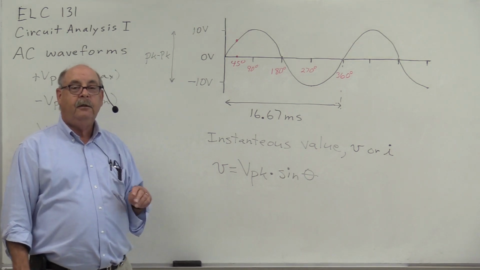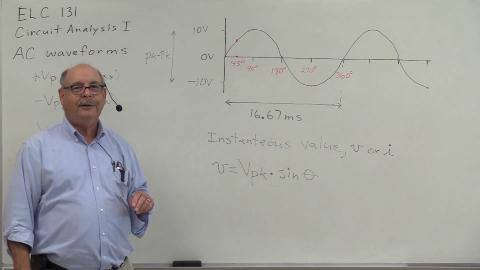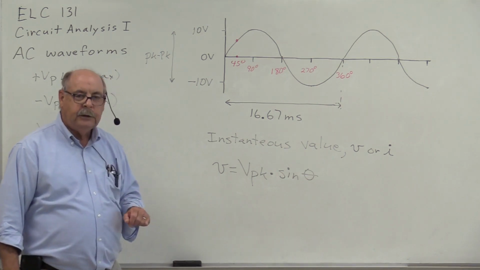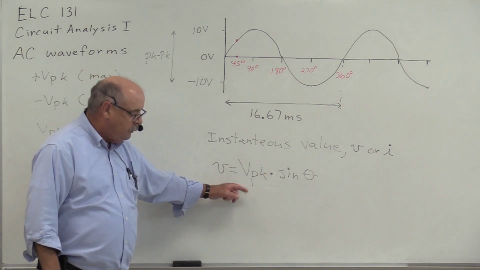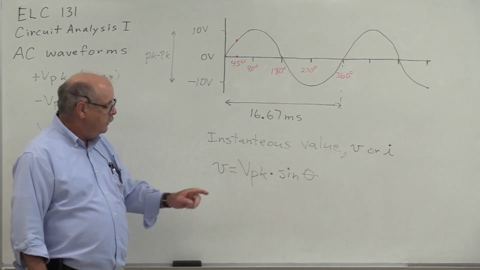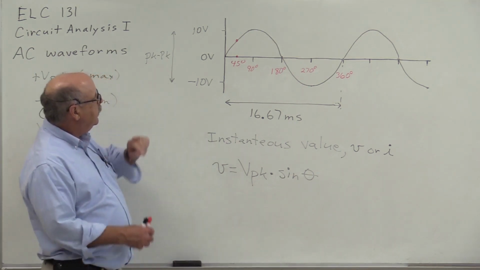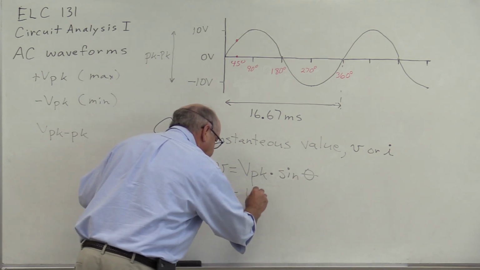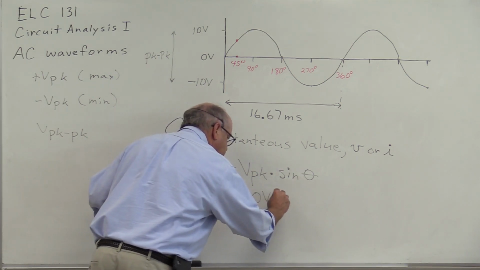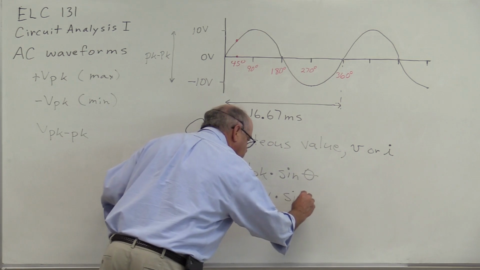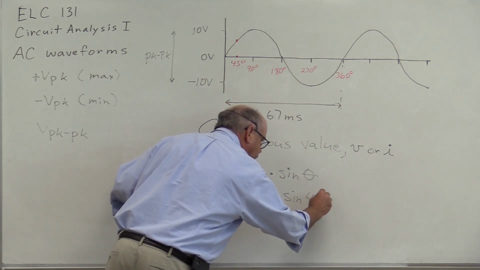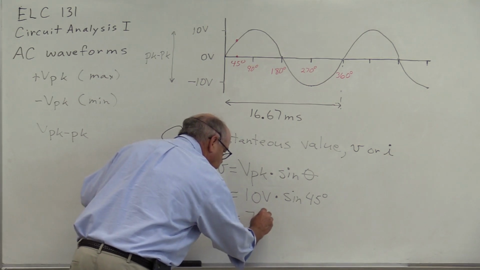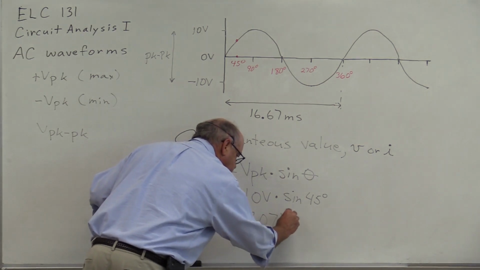Can you say theta? Good. So the voltage at an instant in time is the maximum or peak value times the sine of theta. So for this example, we have 10 volts times the sine of 45 degrees, which equals 7.07 volts.